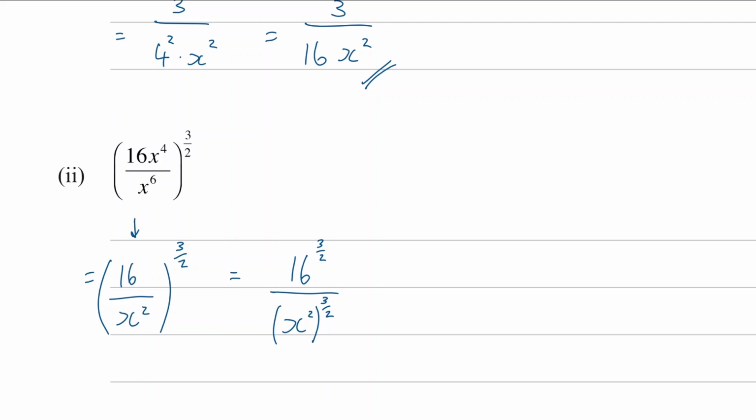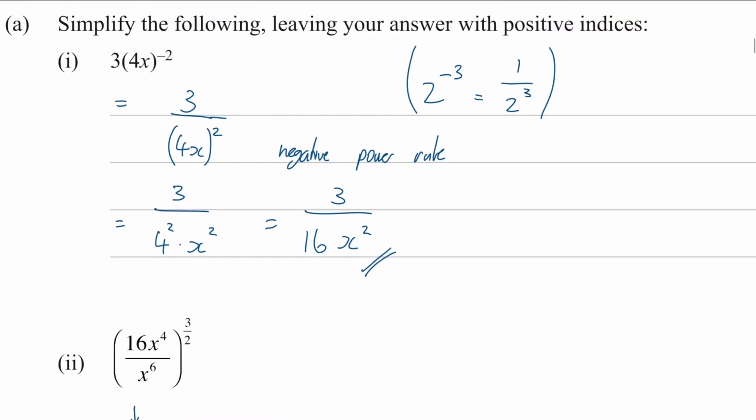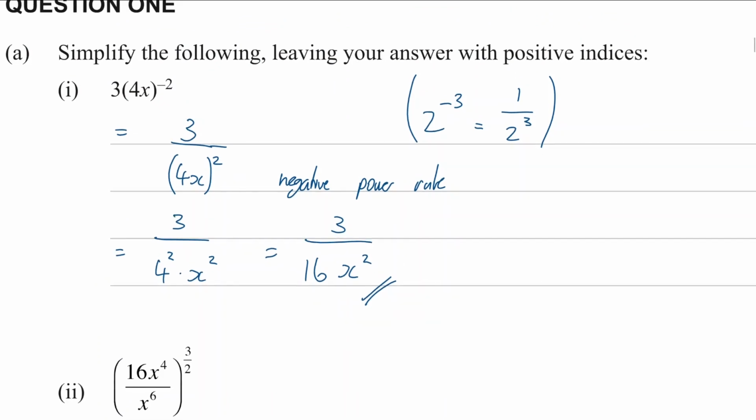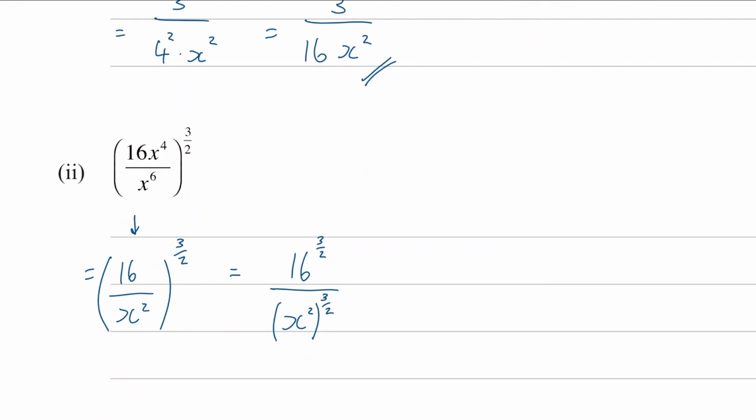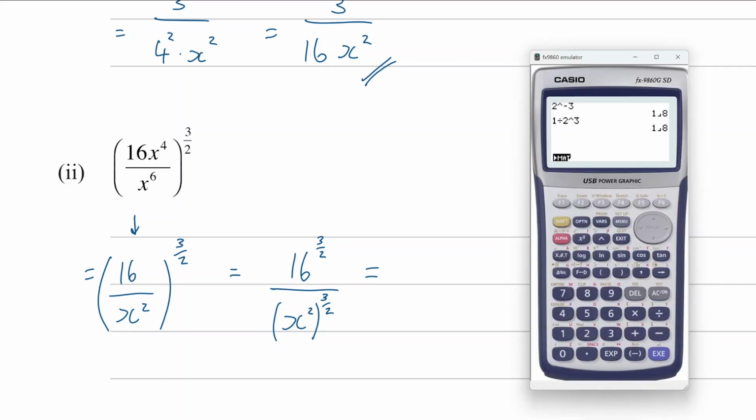We'd also distribute it if we're multiplying, but that was like in this question up here with the 4x squared. Right, that was multiplying. Here it's dividing. We still need to raise each term to the power. And now if you're stuck on simplifying these ones, you can use your calculator. 16 to the power of, use brackets here, 3 divided by 2 gives us 64.